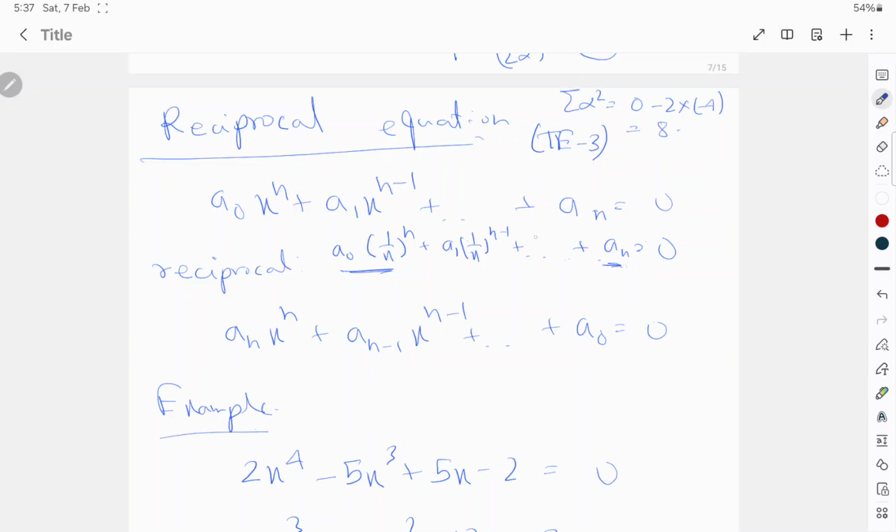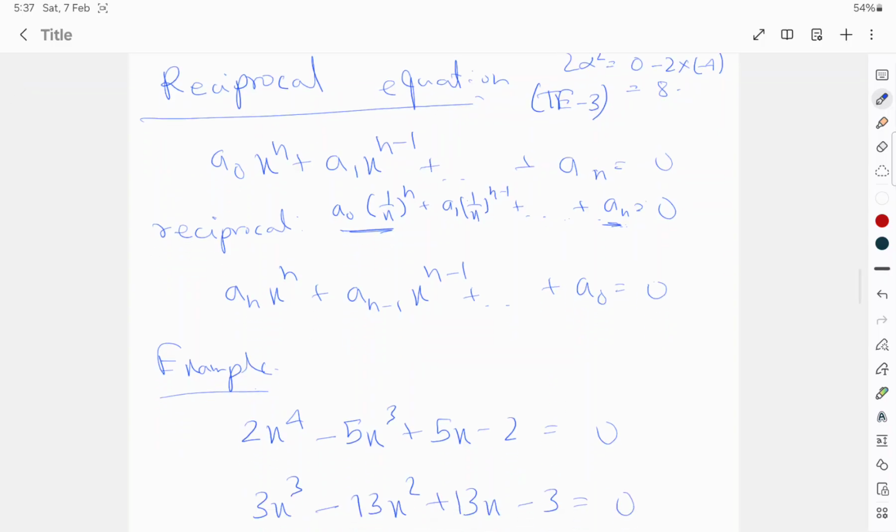So these two equations actually have the same roots, right? So basically in that case, your a0 and an will either be equal or be multiplied with minus 1, because sometimes you will see an equation written like 2x square minus 5x plus 3.